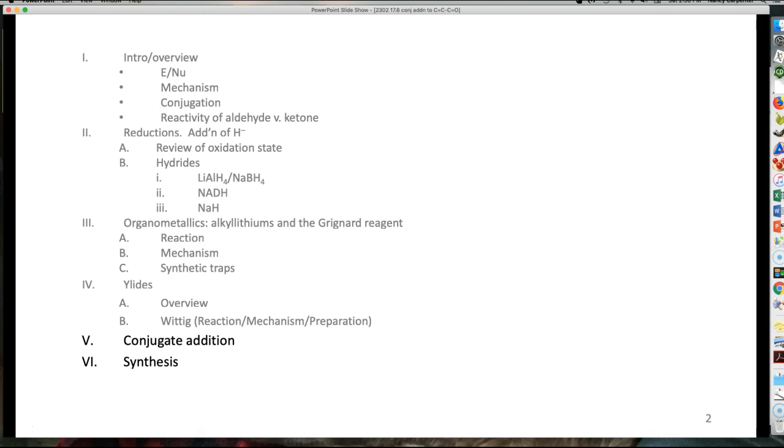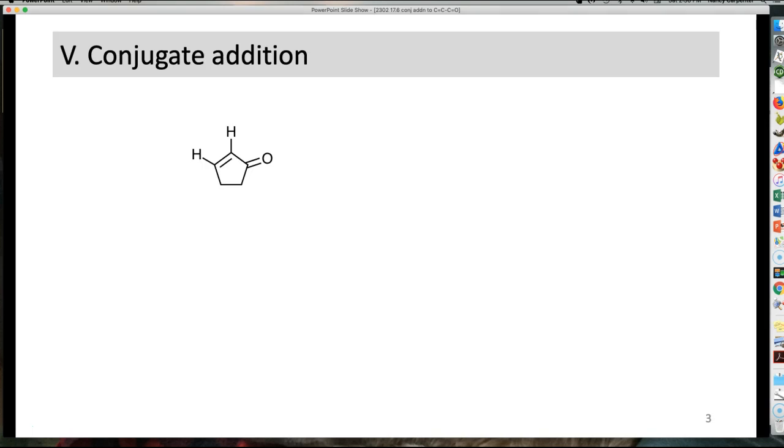Well, because we still have some more stuff that's really important to cover, and that's the realm of conjugate addition. So conjugate addition comes into play, as you might expect, whenever we have a conjugated carbonyl, as in this cyclopentenone.